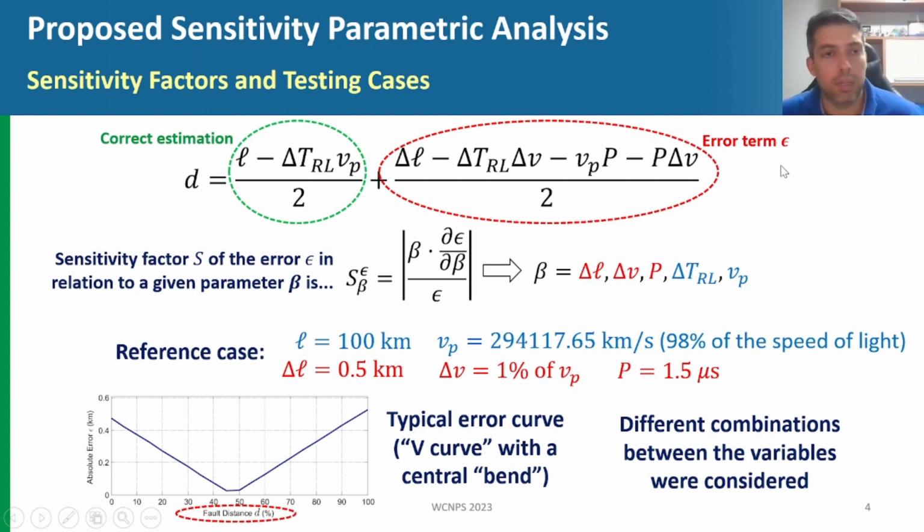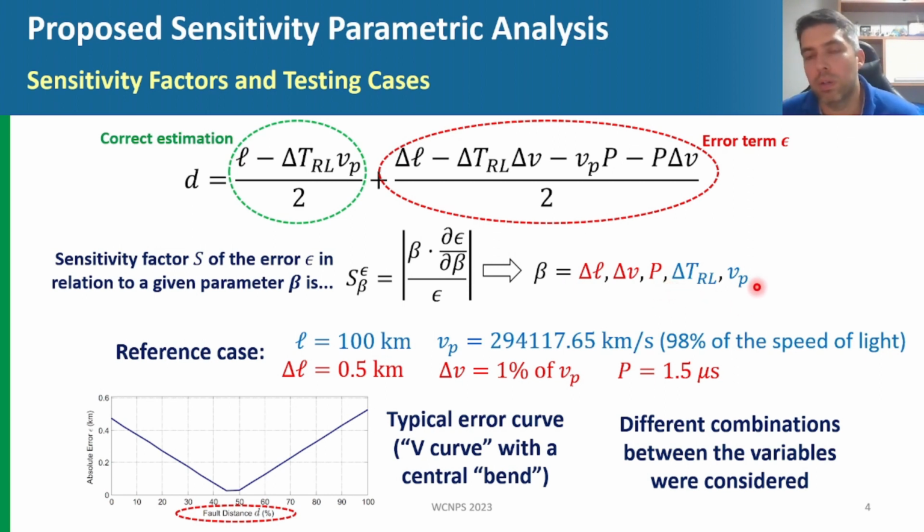Regarding such an error term, from a mathematical perspective, we can analyze it by means of sensitivity factors which can be calculated in relation to different parameters. Here we are considering beta parameter which can represent delta L, delta V, P, delta TR, L, and VP. It is important to emphasize that in red color we are representing the uncertainty factors, which are actually errors that can take place when the fault location procedure is applied.